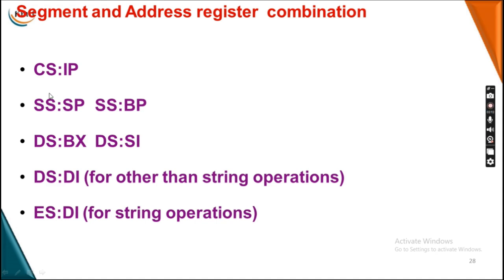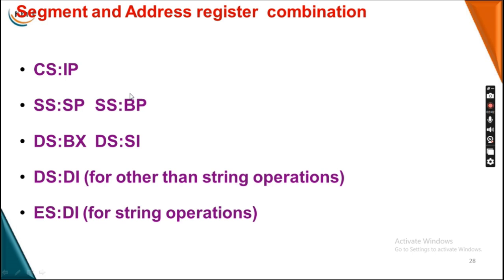But if you want in the middle, in between the stack, then we need to use the base pointer, BP. Getting the point? If the instruction to be fetched is in the top of the stack, we need to use the offset address as SP. If we want to use the remaining part of the stack segment, then we need to go for base pointer. Clear? For stack segment, SP, BP.